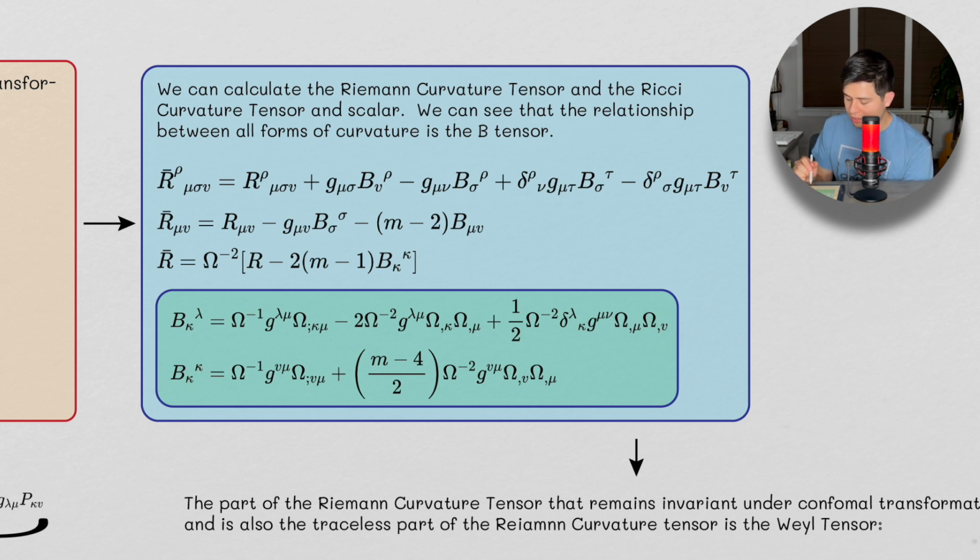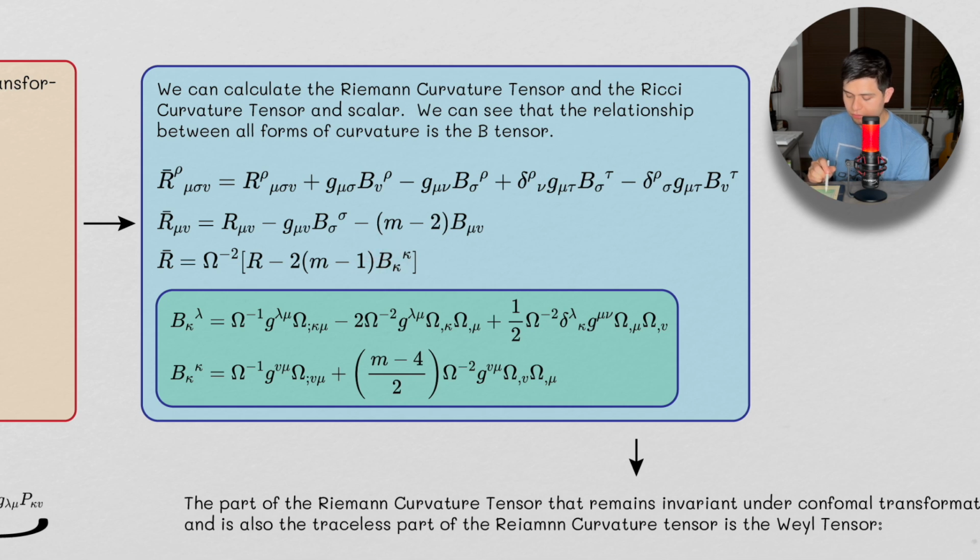And you can see that when the dimension, M, is the dimensionality of the manifold, when the dimensionality of the manifold is 4, something quite interesting happens. The trace of this goes to 0, and that means this goes to 0.